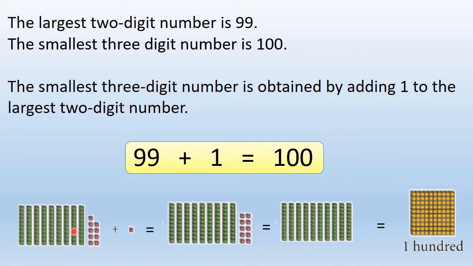So these 9 tens plus these 9 ones together becomes 99. 99 plus 1 is equal to, if we add one bead to it, it goes and sits somewhere here, which looks like this. So 9 lines of beads and 10 single beads.